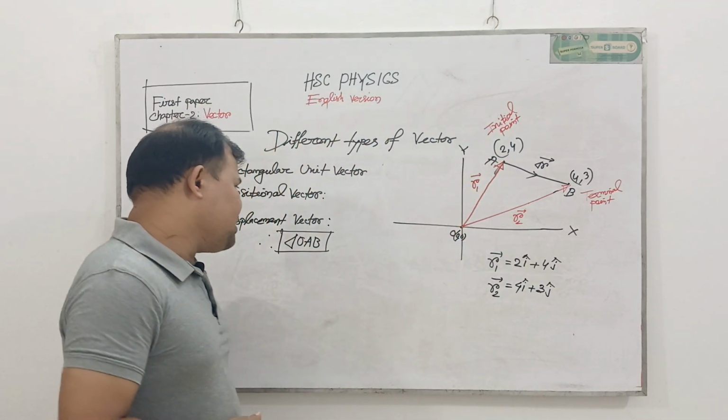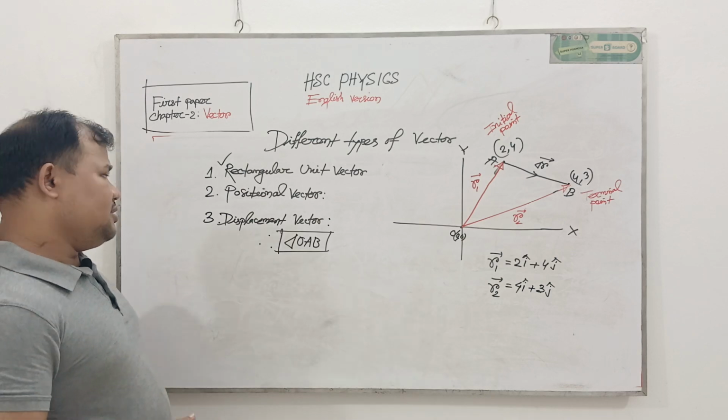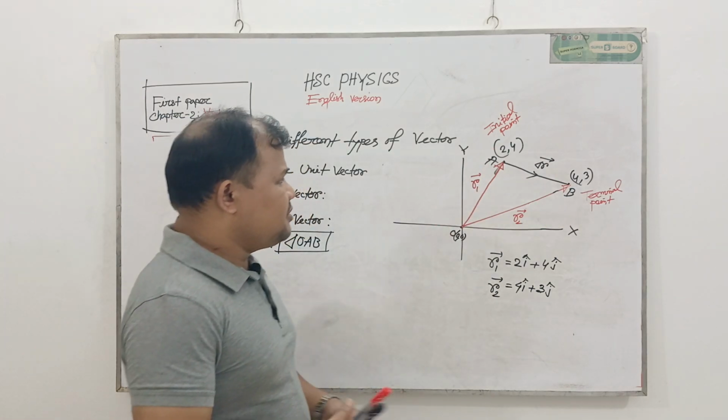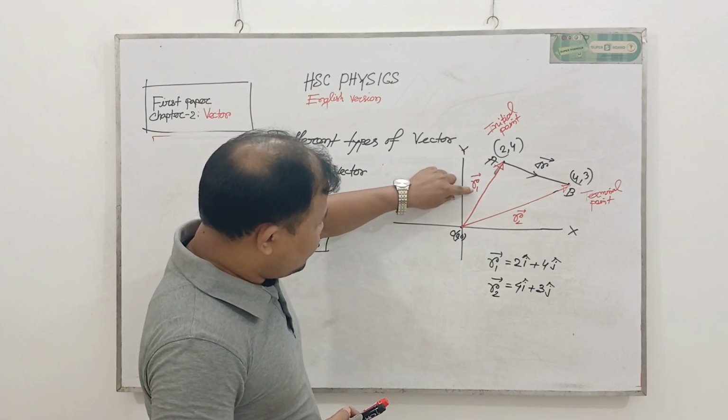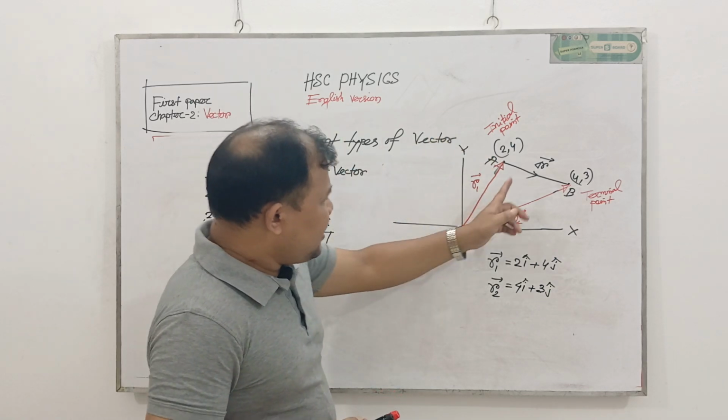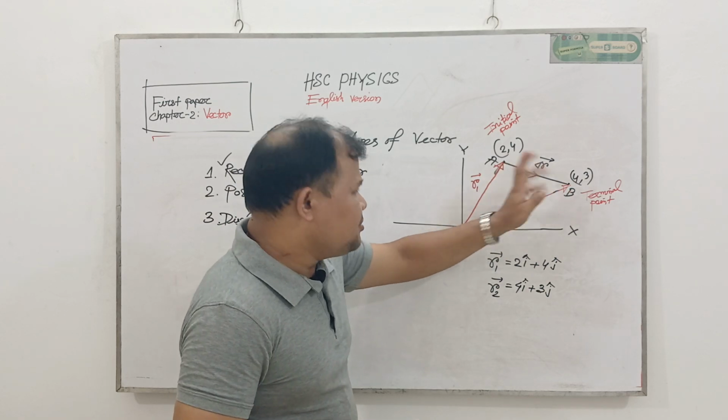My dear students, how can we apply this triangle law? Suppose this is the triangle. Here we can see R1 is a vector. This is the initial point and A is the terminal point, and AB is a displacement vector.